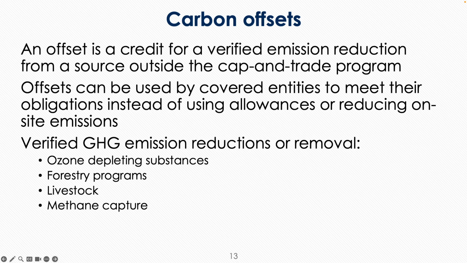Okay, and so what is the value of these offsets, right? So this company gets a bunch of these offset credits. Well, you can actually use those to replace allowances. And so now you've lowered emissions a bunch, and there's a bunch of other entities out there who are still looking to maybe buy allowances to increase their cap, and so they can purchase offsets from you, right?